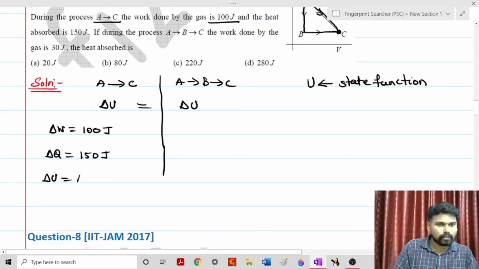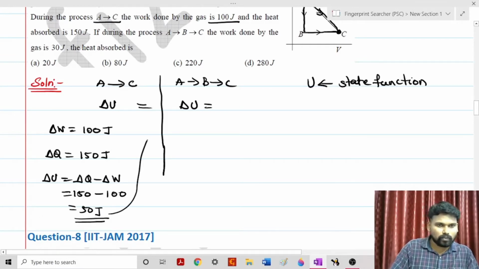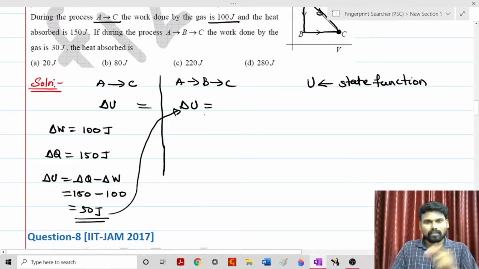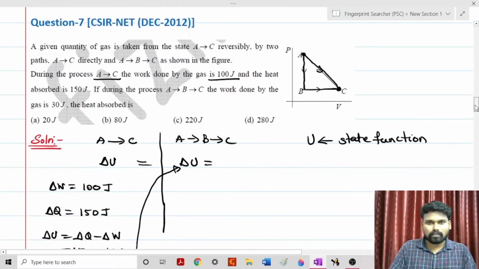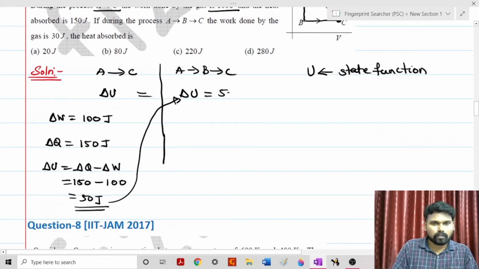From the first law it is delta Q minus delta W, 150 minus 100, so it is 50 joule. The same 50 joule can be used here, because both processes start at the same point and end at the same point. So the change in internal energy will be the same, 50 joule. Now what is given here in the question?